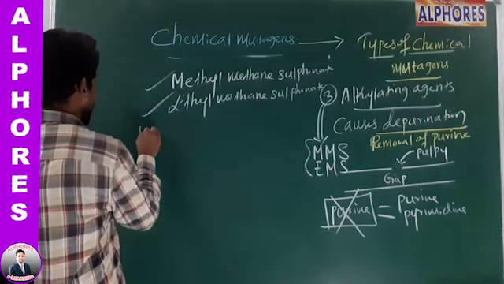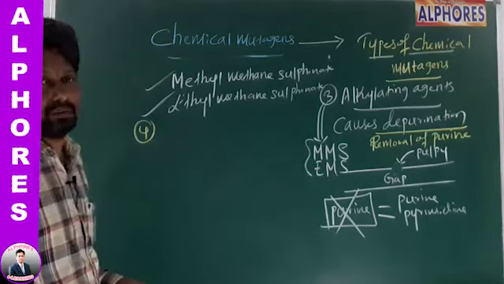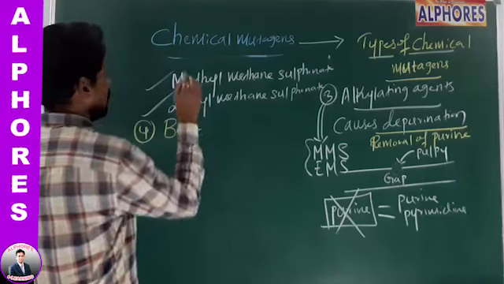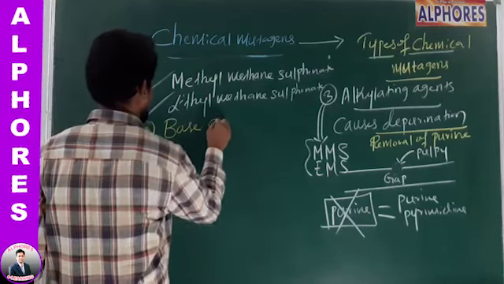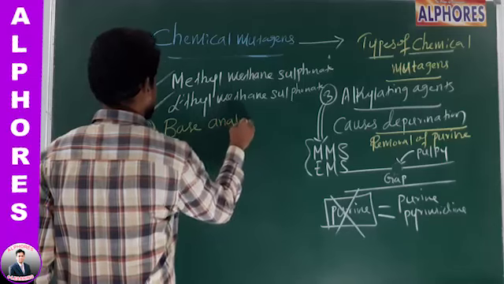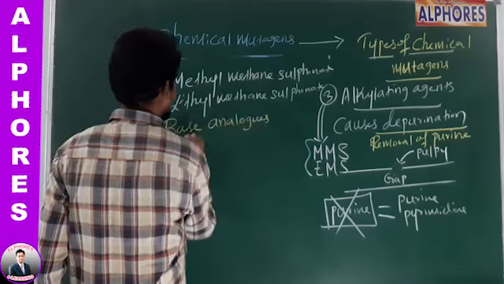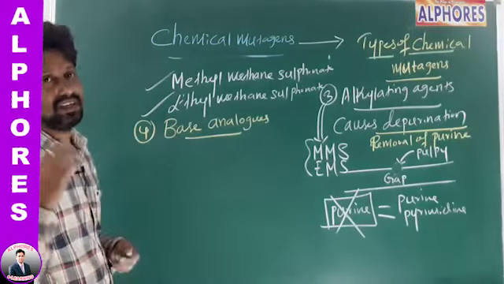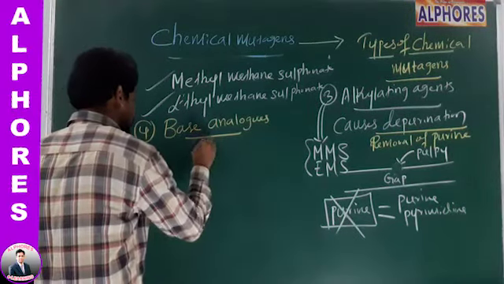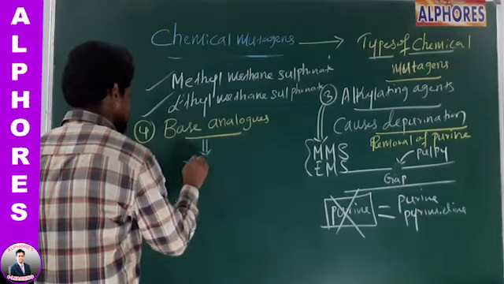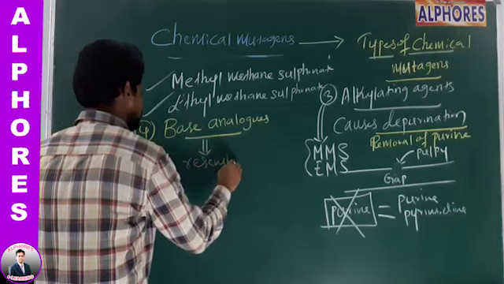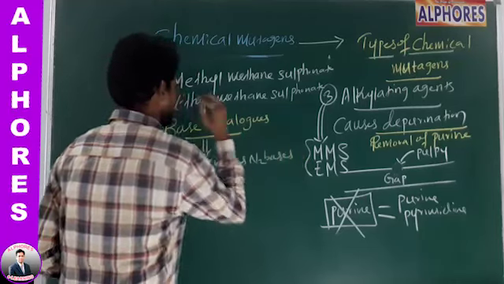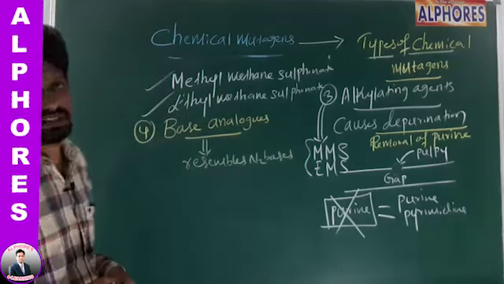Number 4. Go for the fourth type of chemical mutagens, base analogues. These base analogues resemble nitrogen bases.